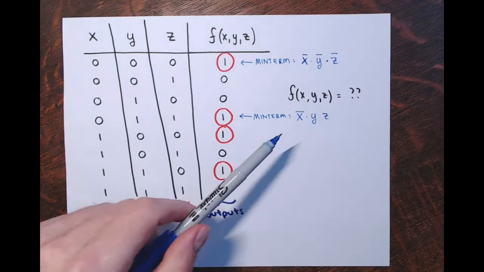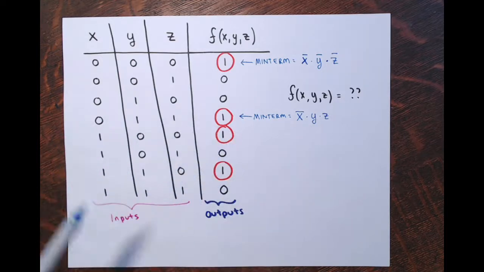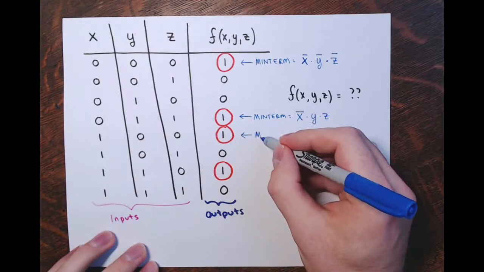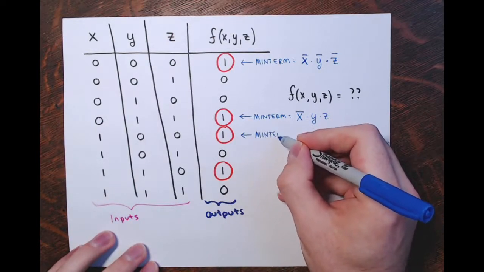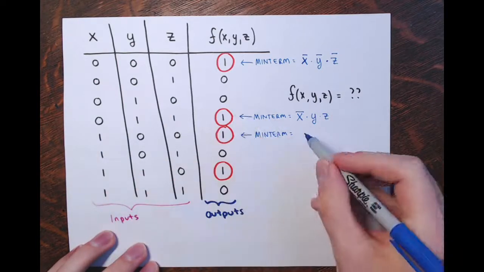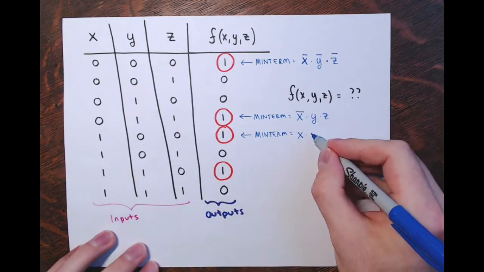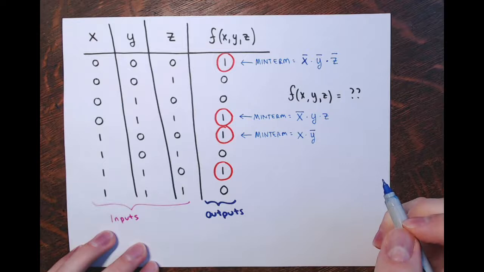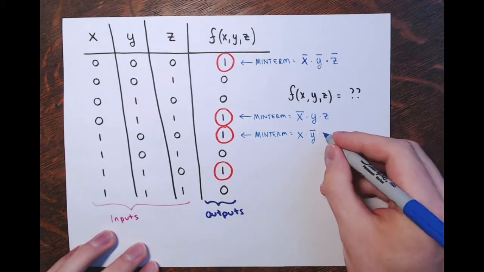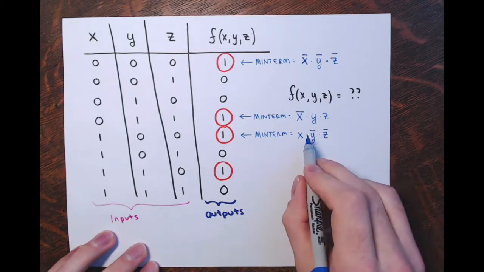There's the min term, the product of literals, for the fourth row. I do the same for the fifth row. Again, x is 1, so I keep x the way it is. Y is 0, so I take the complement, y bar. And z is 0 in this row, so I take z bar. Again, these are separate bars. So this is x times y bar times z bar.